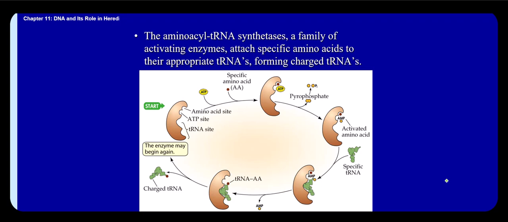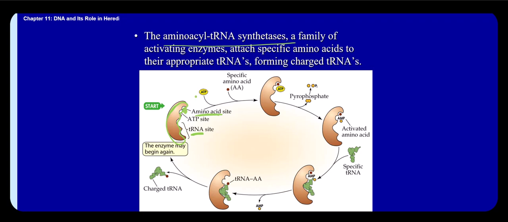So, amino acyl transfer RNA synthetases are a family of enzymes that connect specific transfer RNAs to specific amino acids. So we'll have a particular amino acyl transfer RNA synthetase that's specific to a particular amino acid and its particular transfer RNA. Where we get the specificity is the binding site.